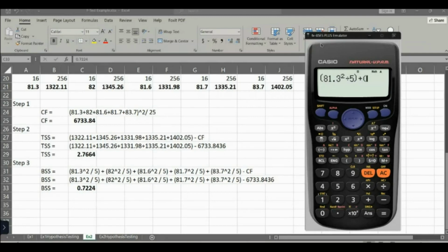Plus 82 squared over 5, plus 81.6 squared over 5, plus 81.7 squared. Oh, what is this? I hit the space and all our input disappeared. Let's start again from the beginning.